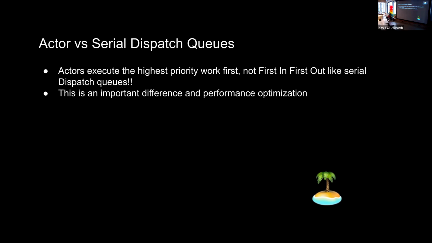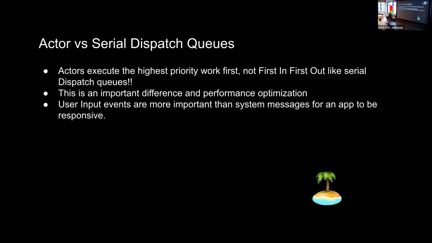And this is important because there are performance optimizations. An actor is so smart that it can know certain things are needed by the UI. It'll process multiple UI tasks before a background task like logging, and I'll show you that in a second. And that's what I'm saying when they say they intelligently prioritize work.